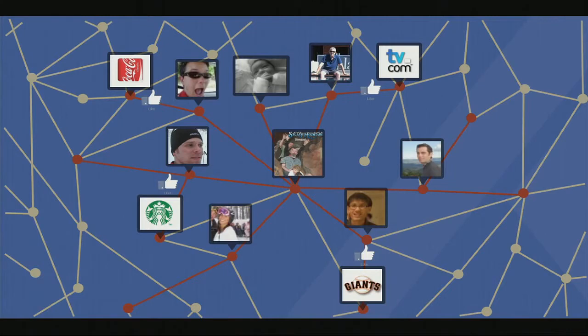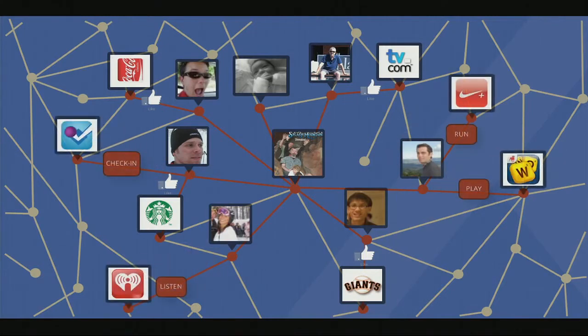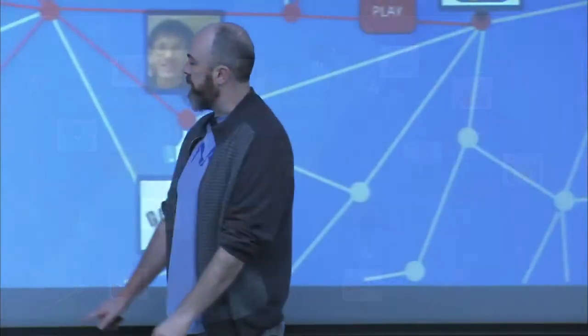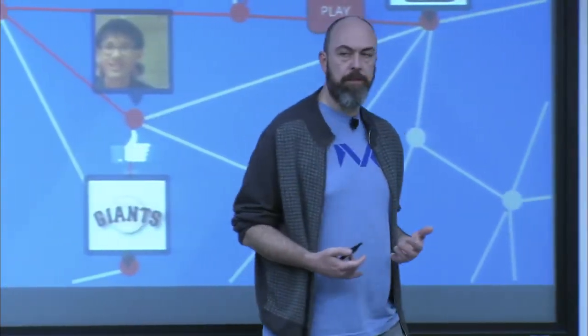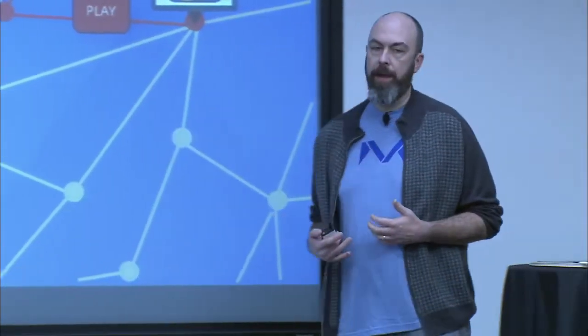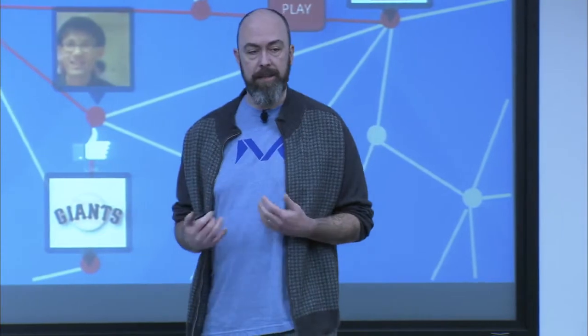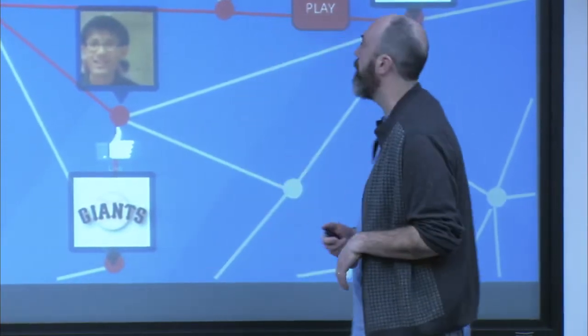What we're going to be talking about in this session when we get to Open Graph is a very specific piece of this graph, which is the arc between usually a person and something, which we call an action. It's the verb in this whole equation, the listen or the send or the run or what have you.